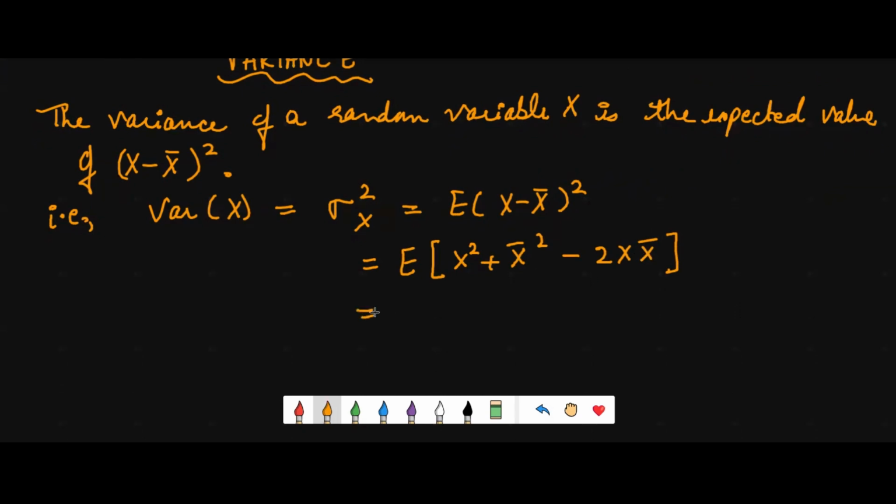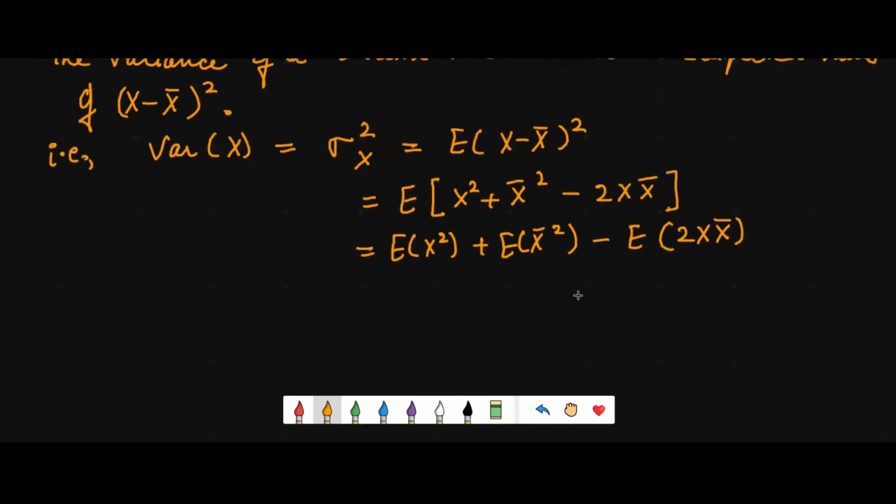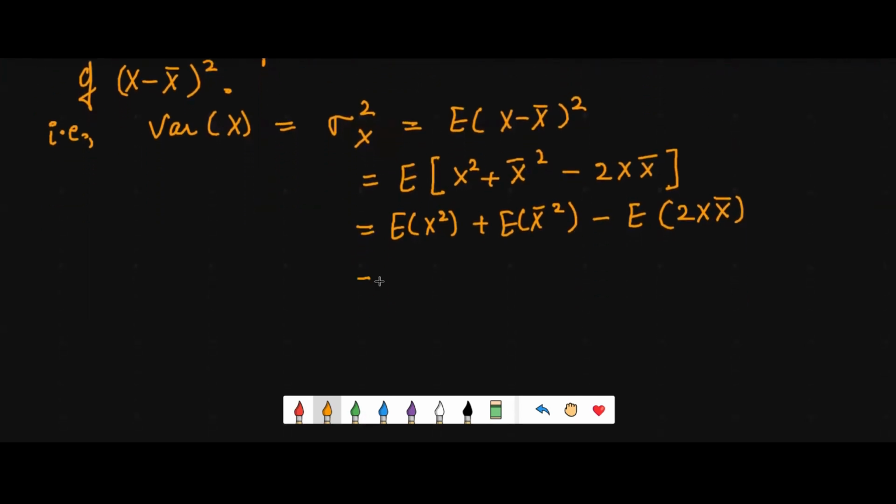Now using the property of the expectation, that expectation of x plus y plus z would be e of x plus e of y plus e of z, I'll do the same. Now, e of x square would remain as it is.